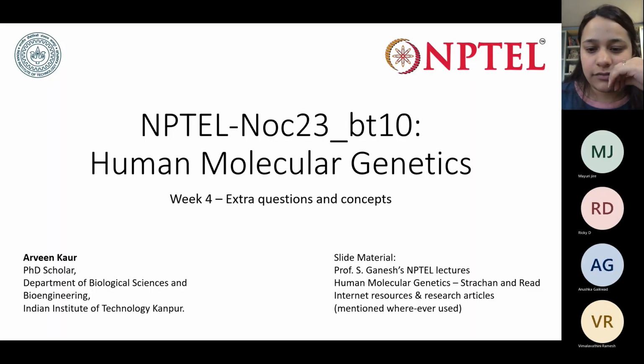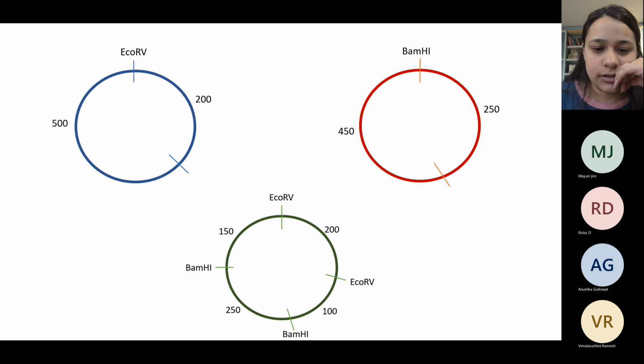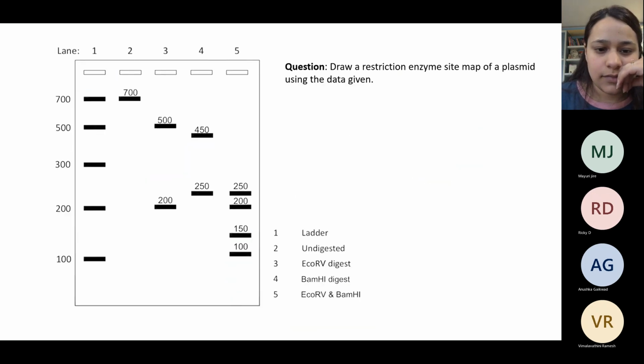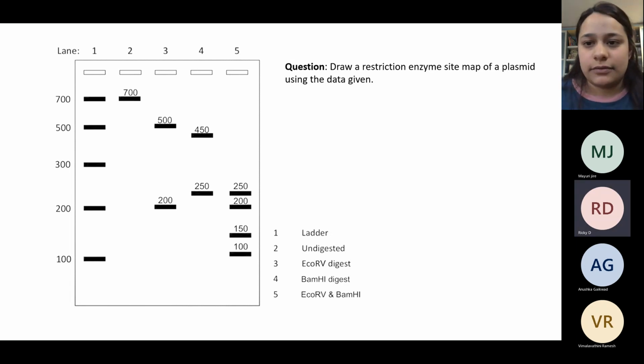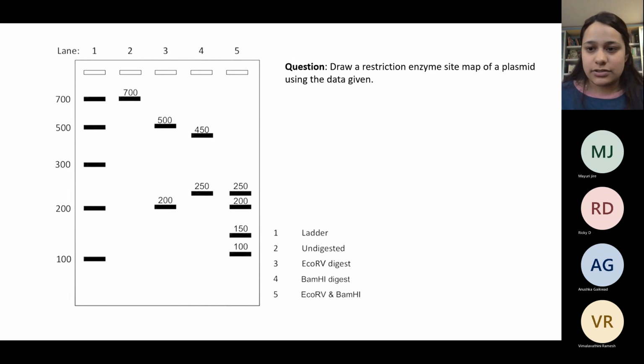Can you see if I am uploading it like this? Now is it visible? Yeah, it's visible. I like this. I don't need to share my screen, but this is visible, right? Yes, as of now it's visible. All right. So I will try to explain it without actually writing it down, if that is possible.